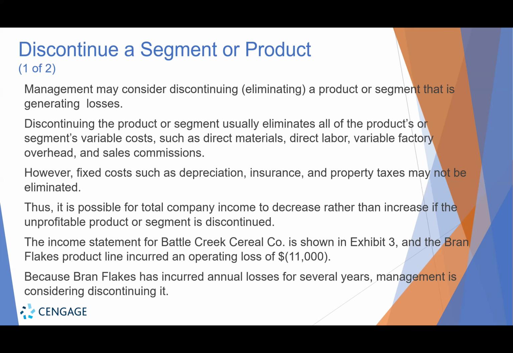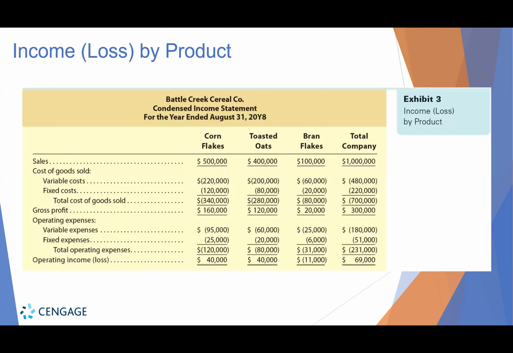So we're going to look at Battle Creek cereal, and we're going to look at a particular product, the bran flakes, and look at how we would view differential analysis based on the bran flakes being discontinued.